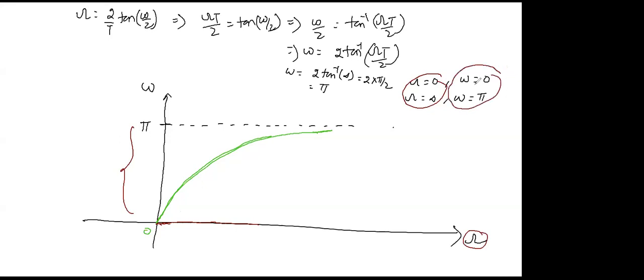So this infinite region is warped or compressed into the 0 to pi region, and the curve is non-linear by nature. This is known as the warping effect.